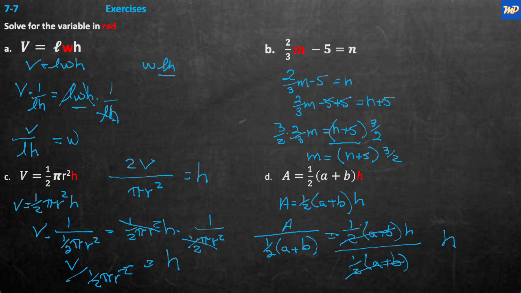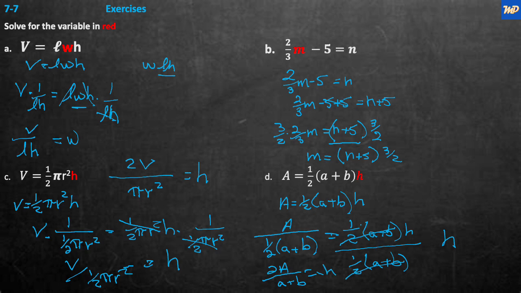This can be left the way it is. We can multiply it out, 1/2 A plus 1/2 of B, or you could do the inverse on the half and write 2A over A plus B is equal to H.